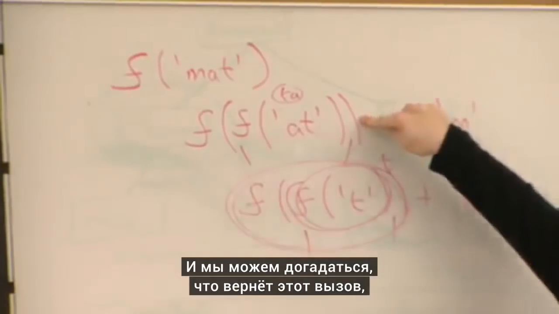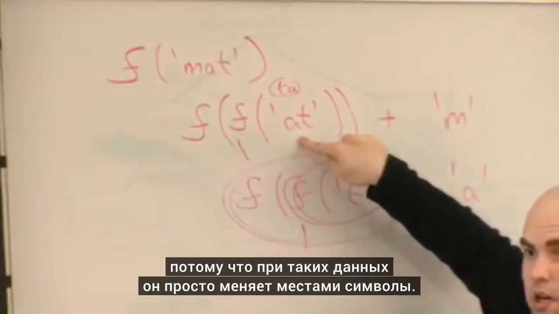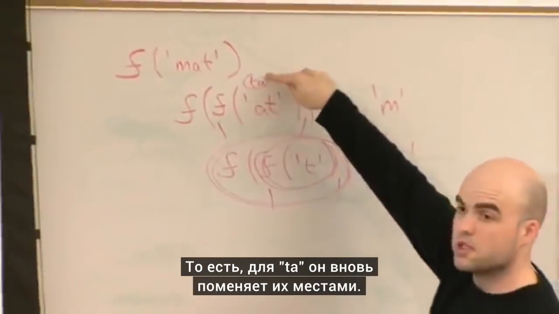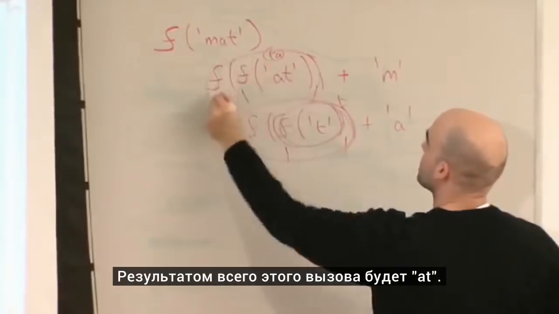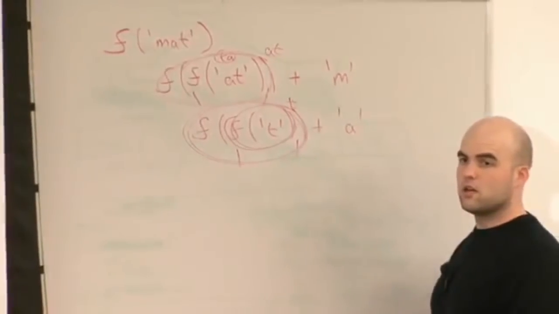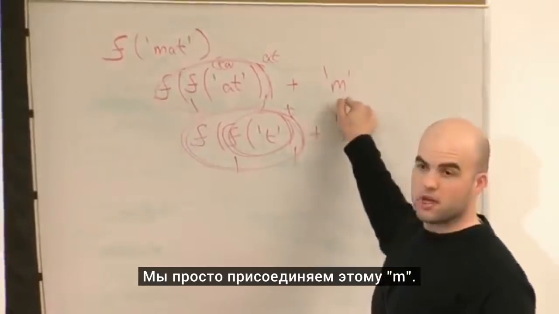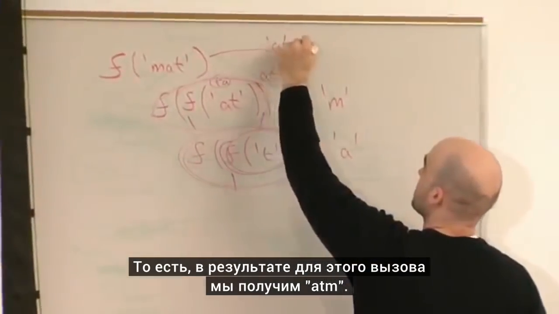And we can already kind of guess what this is going to return, because for this input, it just reversed the characters. It just flipped them. So for ta, it's going to flip them again. So the entire function call here results in at. And then we just append m to it, so the entire return for this one is atm.